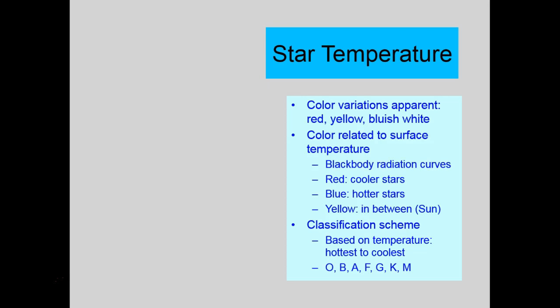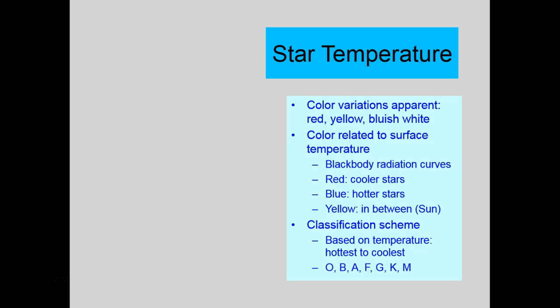Now, the classification scheme is based on temperature. This is hottest to coldest. The very hottest stars out there, and these are very, very rare stars, are the O stars. Very few of them, incredibly hot. That means they're burning up fuel like crazy. Then you get to B, and then A. Who put these letters together?